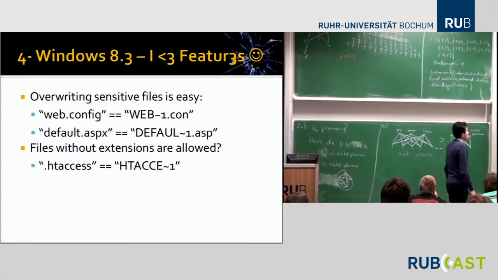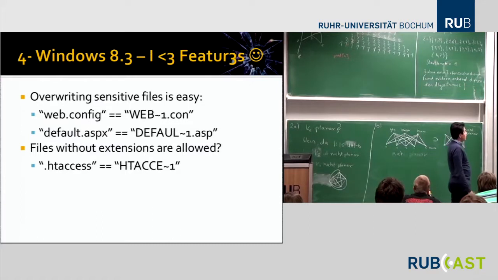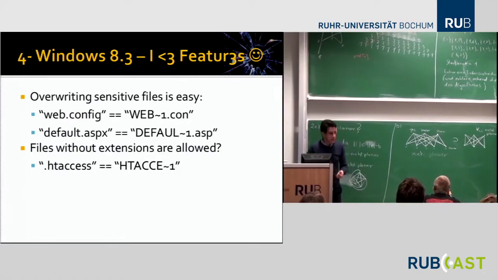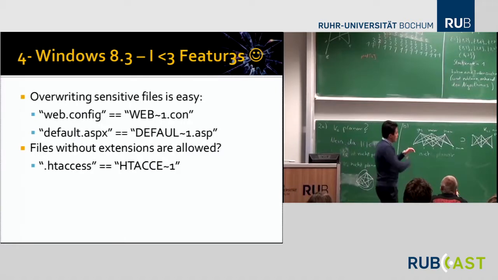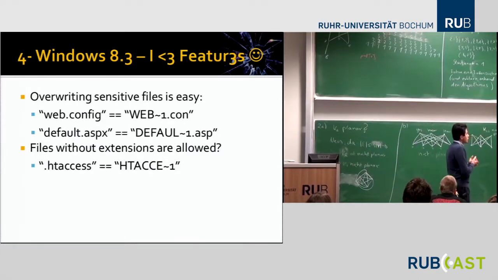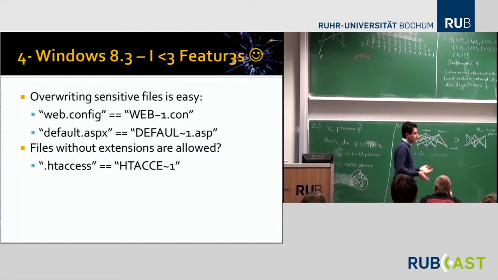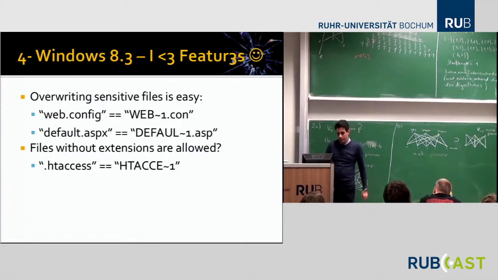They don't really, and it's there by default. And for example, .htaccess: if you can upload a file into the server without an extension, and there is .htaccess, but .htaccess is denied because it's using whitelist protection this time, you can actually use htaccess~1 and rewrite its content to whatever you want.